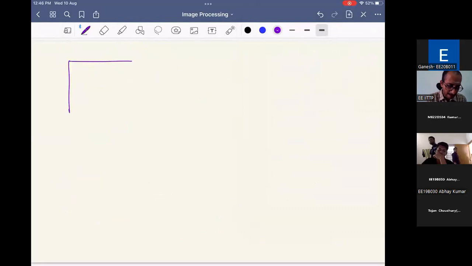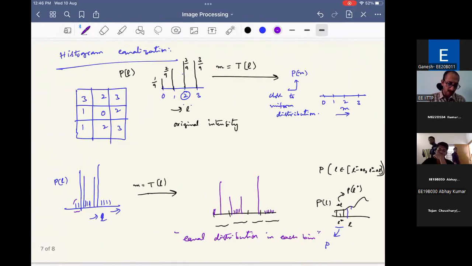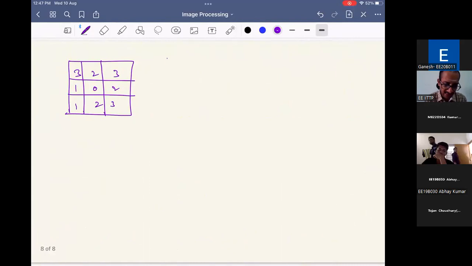So we have seen that P of l indicates what? l indicates the original intensity, and m is the modified or equalized intensity.